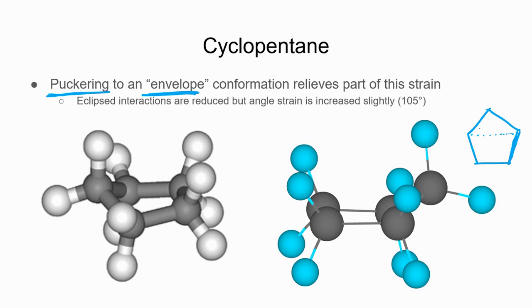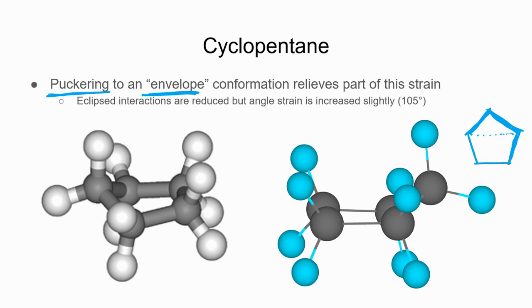So here's the bottom part of the envelope, here's the flap. And what we're doing is, here's the envelope, laid out with the flap open. We're just putting the flap up in midair a little bit. So we're just lifting the flap on the envelope a tiny bit and puckering it up into the envelope conformation.